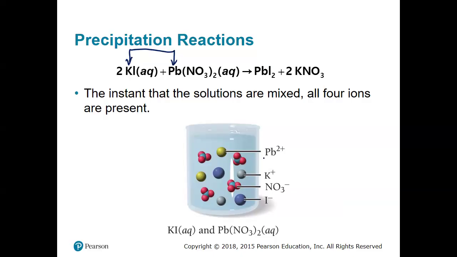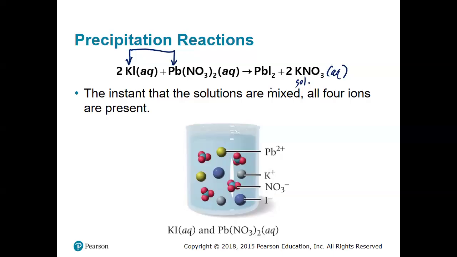So my possible combinations of ions include what I already have, plus lead-2 iodide for the combination of lead and iodide, and potassium nitrate for this one. Using the solubility rules, I could say, okay, potassium compounds and nitrate compounds always dissolve in water. This is going to be soluble. Since it's soluble, we would write it as aq, or aqueous, for its phase.